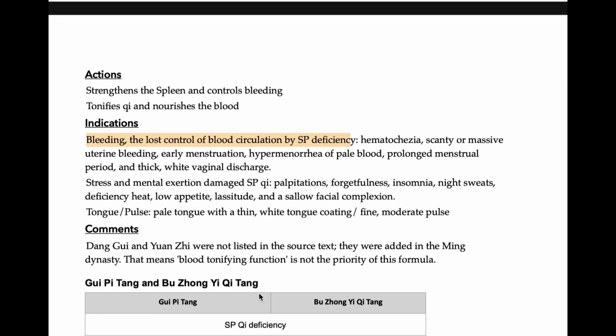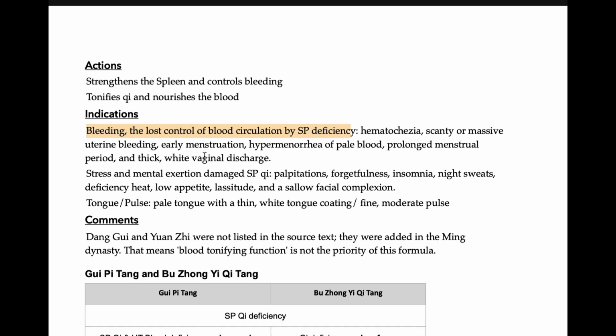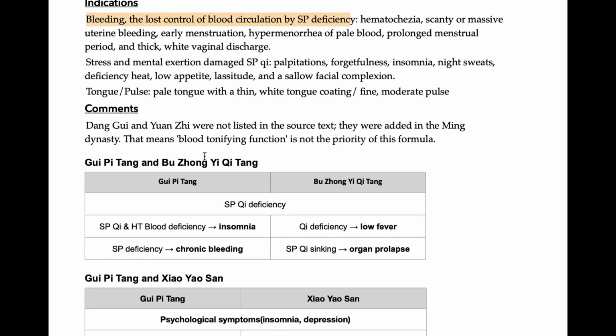So when the question asks you about Guipitang, the question will give you both signs. There's the depression, like mental signs, and blood and qi deficiency, both signs. Then Guipitang. How about Wendantang? That will give you heat signs. Same insomnia, depression, heat and phlegm signs. That is Wendantang. But Guipitang has only deficiency signs, totally different.